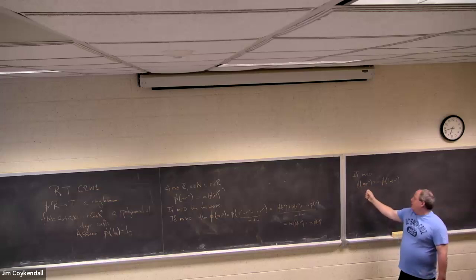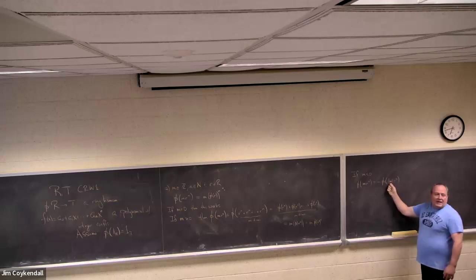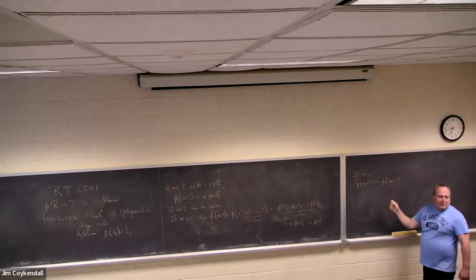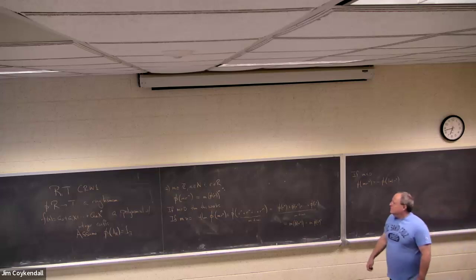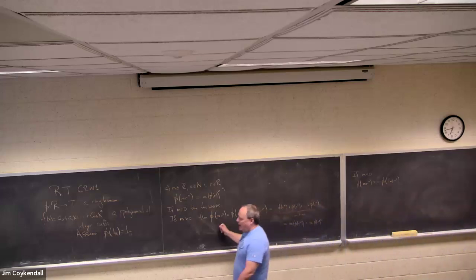It's like pulling out the inverse, right? And then now that the absolute value of m is positive, just repeat what we did before and put that together. So is everybody okay with that? Okay, so we've got that.